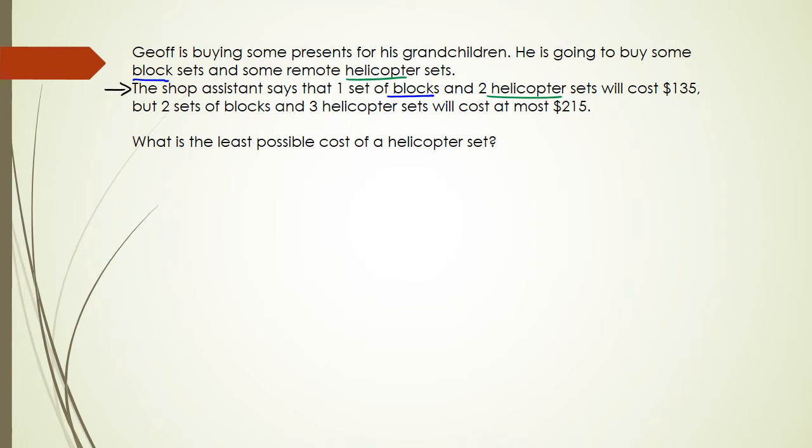So the first thing I'm going to do is write down: let blocks equal B and let helicopter sets equal H. That should be your first equation, because what we have is one set of B plus two sets of H.